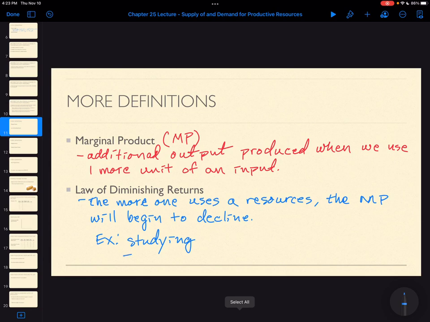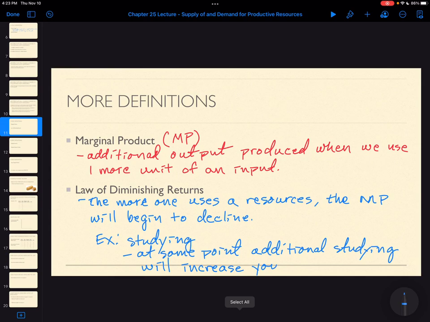So we all know that at some point, additional studying will increase your grade less and less.